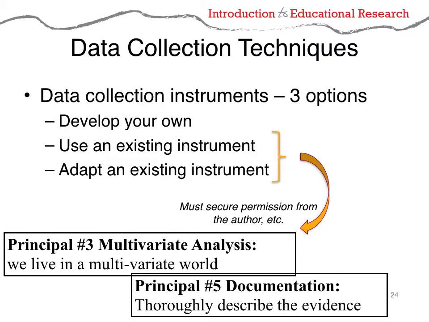We may also develop our own instruments. We can use an existing instrument. We can adapt an instrument. That happens a ton in research. There's a caveat here to secure permission if it's something that is published and protected by copyright or other sorts of protections.